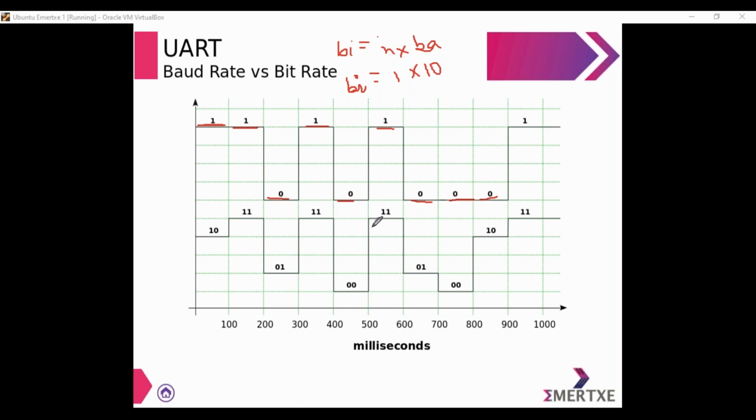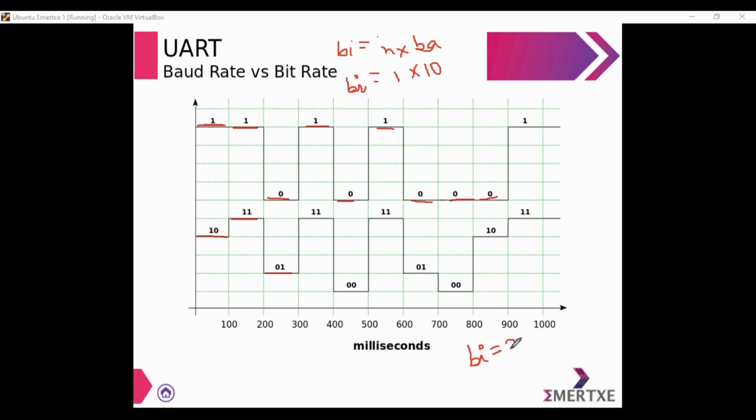Now with the help of any modulation technique, I can have multiple bits taken in a single symbol. You can see here one symbol has two bits. This is one symbol which is representing two bits. One symbol having two bits, one symbol having two bits. So in the second scenario, bit rate is nothing but n multiplied by baud rate. n is the number of bits per symbol.